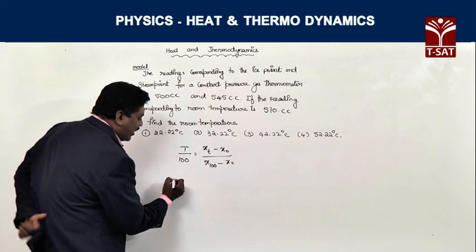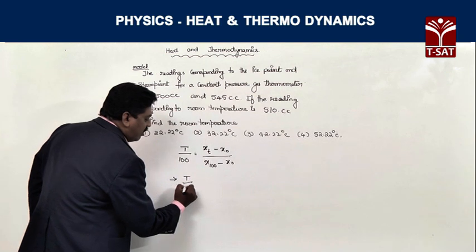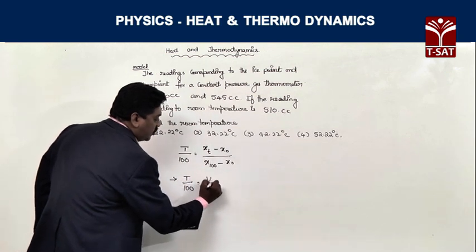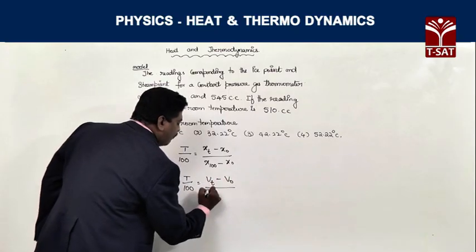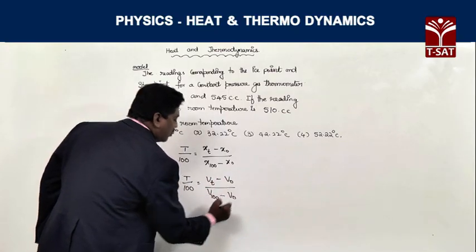So, the formula can be rewritten as T by 100 equals Vt minus V naught by V100 minus V naught.